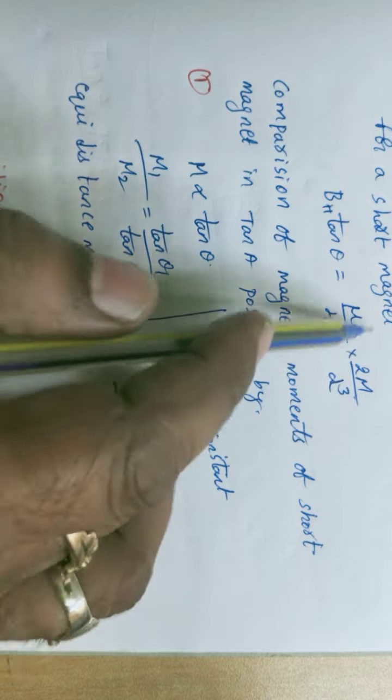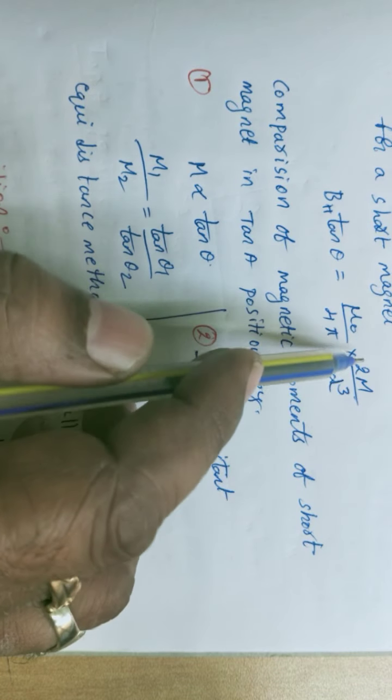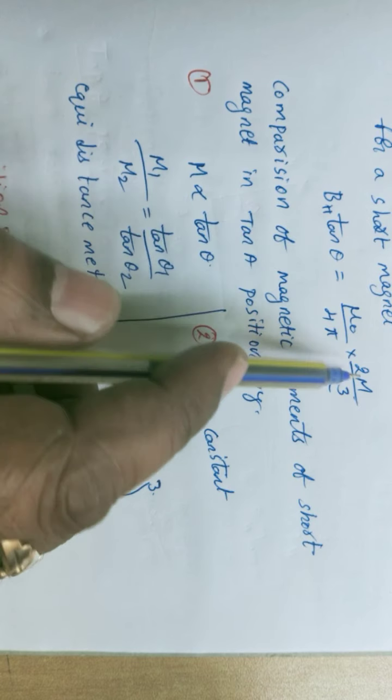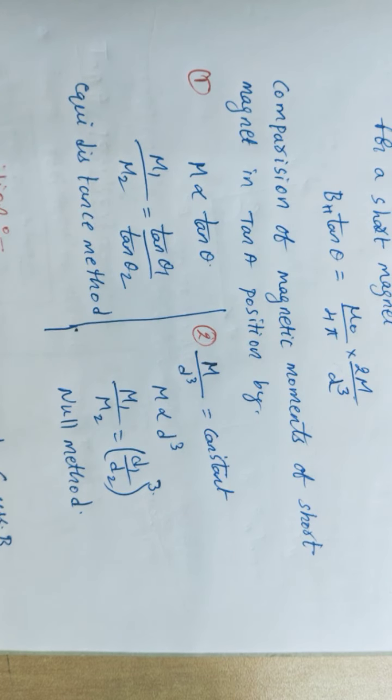Distance is constant means mu naught by 4 pi is constant, 2 is constant, BH is constant. Therefore m and tan theta are directly proportional to each other. So m is proportional to tan theta. Finally we get m1 divided by m2 is equal to tan theta 1 divided by tan theta 2. This only we call the equidistance method.